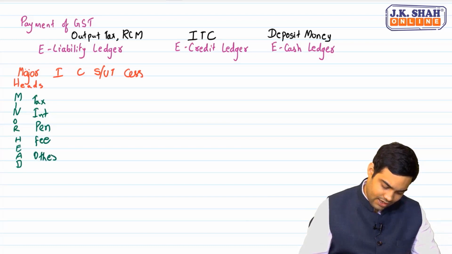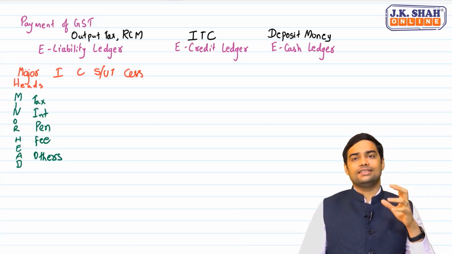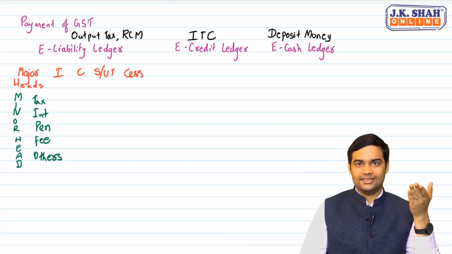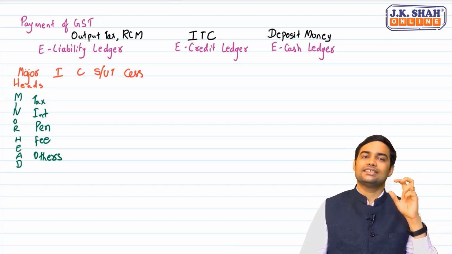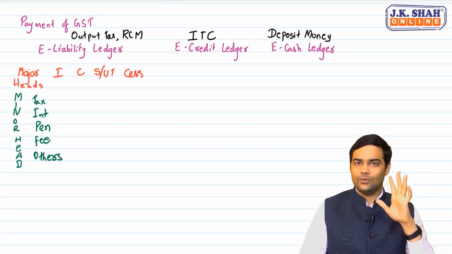These are the 5 minor heads. That means totally there are 20 sub-ledgers. A person under GST could have 20 types of liabilities: I tax, C tax, S tax, cess, I interest, I penalty, I fee, I others. Totally 20 liabilities.